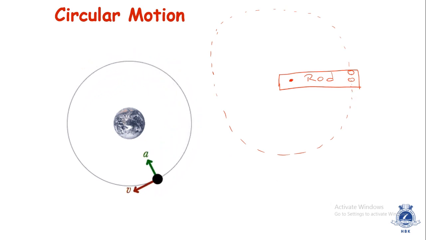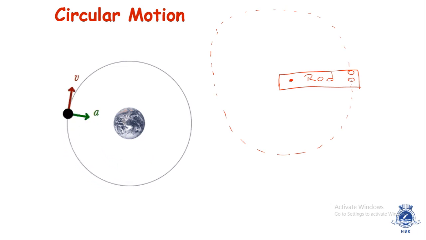Similarly, if you see a ceiling fan around you, the ceiling fan performs rotational motion, but if a particle or a bolt is somewhere on the ceiling fan, then that particle is performing circular motion and not rotational motion.